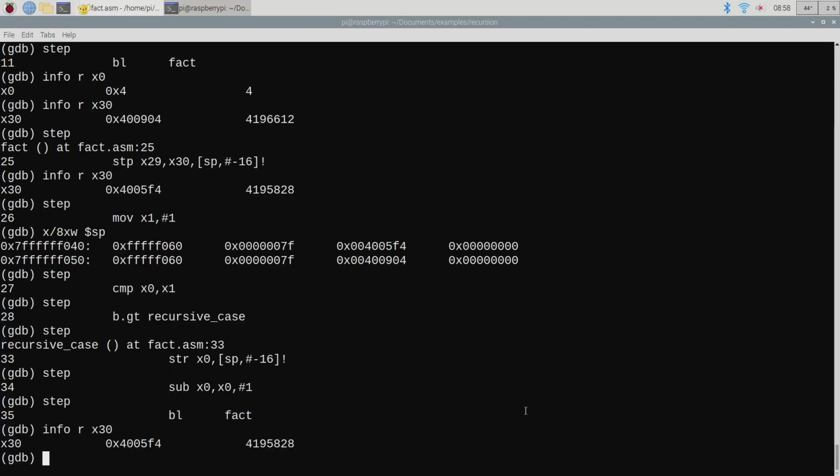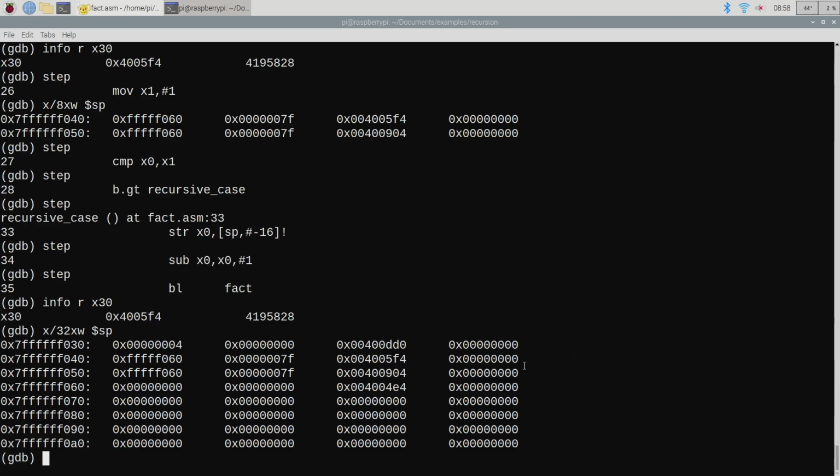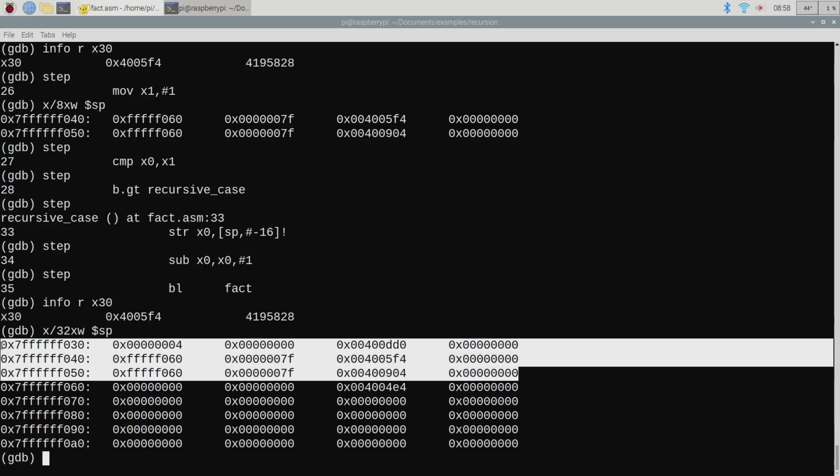What's x30? Still 5F4. Okay. And what's on my stack? Yeah, okay. The very bottom line that I've highlighted was the first time we pushed stuff on the stack.